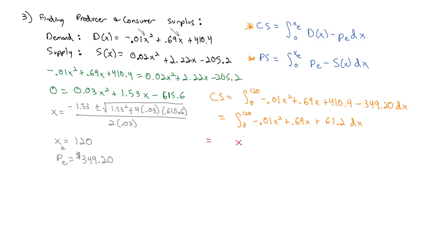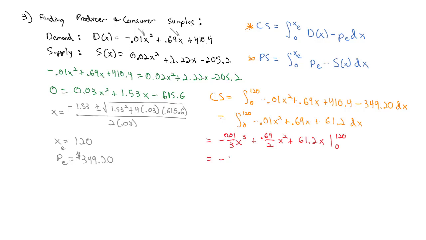We'll go ahead and integrate that by increasing the exponent by 1 and dividing by the new exponent. Gives us negative 0.01 divided by 3x cubed plus 0.69 divided by 2x squared plus 61.2x integrated from 0 to 120.